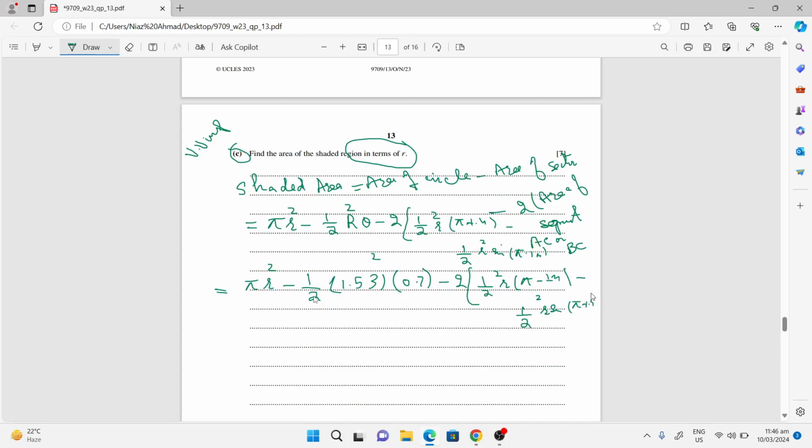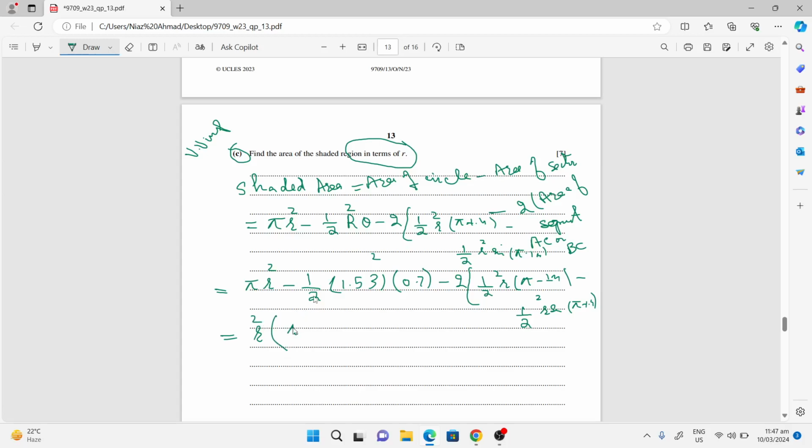To make the calculation short, you have to use your calculator over here. So take r square common from everywhere.